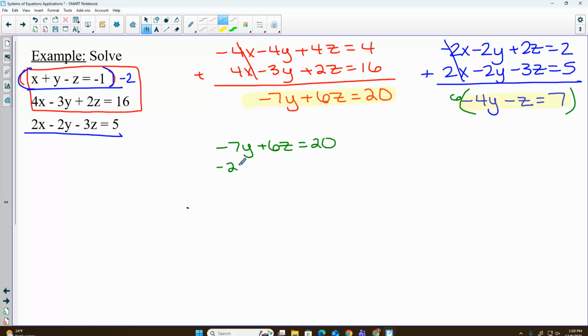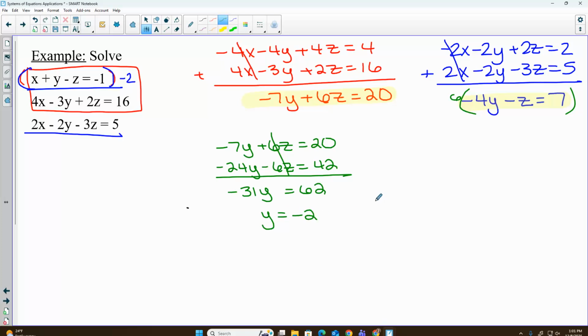This would be a negative 24y plus or minus 6z. So I get negative 31y equals 62. So y is negative 2.